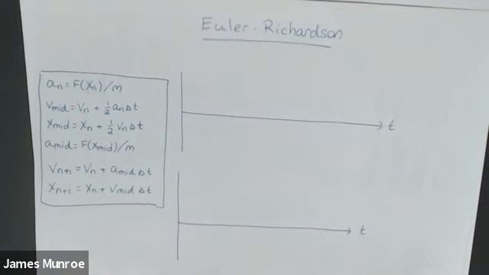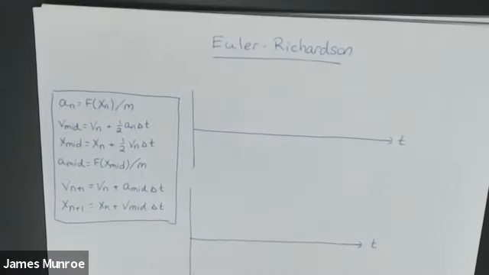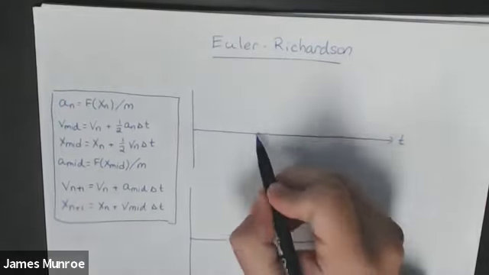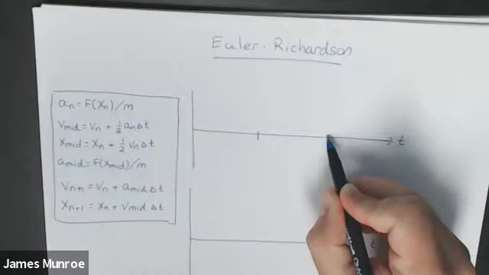Okay, it's a little more complex, but the idea is we're going to use the value of the position at the midpoint and the value of the velocity at the midpoint in time to figure out the step size. One of the benefits of Euler-Richardson is it'll turn out you can take much bigger time steps. So what I'm going to do is I'm going to make much larger time steps.